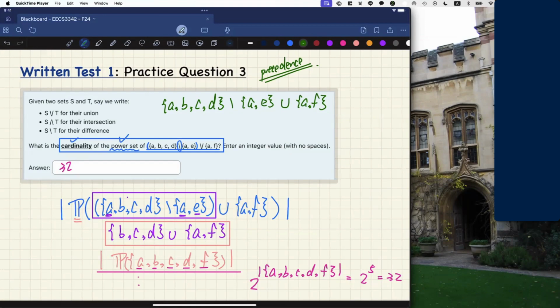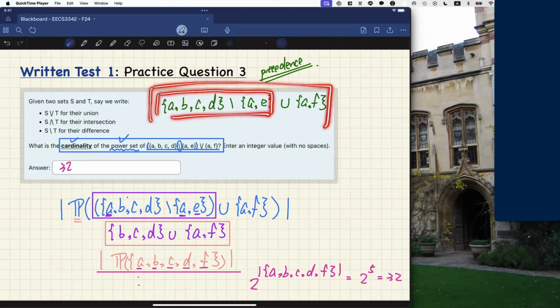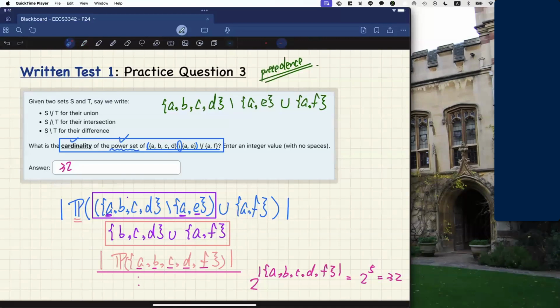I don't quite remember the exact precedence, but I believe all the binary operators on sets have the same precedence. But when you actually want to evaluate, it's going to be left associative, which means you evaluate this one first, and then you evaluate that. But that's something I will need to check for you. For now, for the test, you don't need to worry. I will make sure I bracket them whenever necessary.